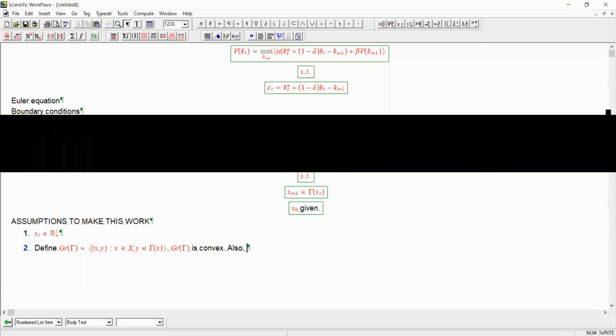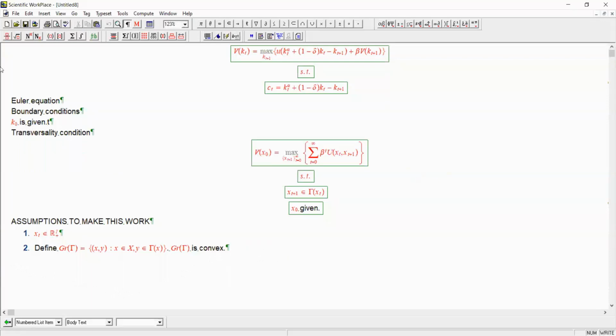Also, the zero vector, where 0 is of the correct dimension here, should also be in the graph of gamma.